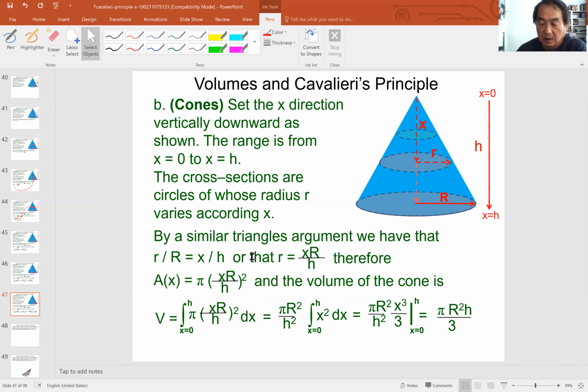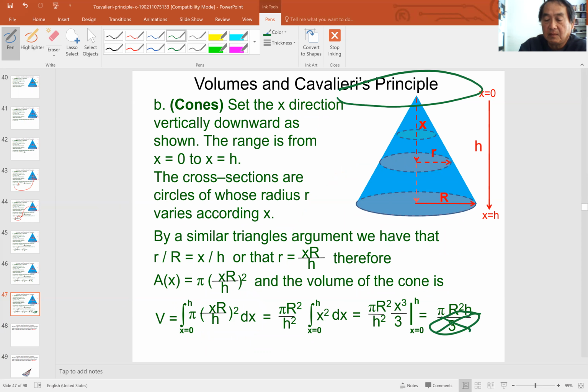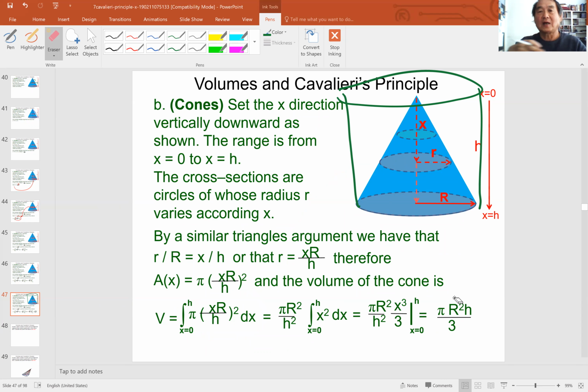In other words, pi r squared h is just the volume of the cylinder. If I shrink it to a point and only have a cone, that's a third of the entire cylinder.